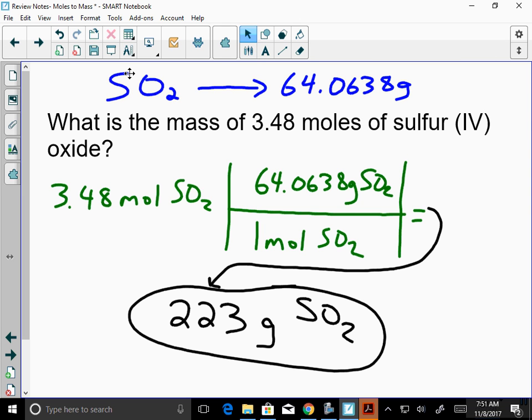Any questions on this problem? Once again, I don't think the hard part is the flux capacitor stuff. I think the hard part is the stuff we've done previously, the naming.